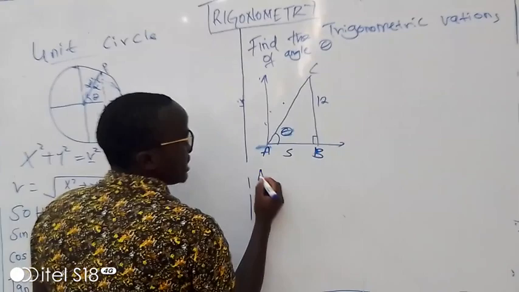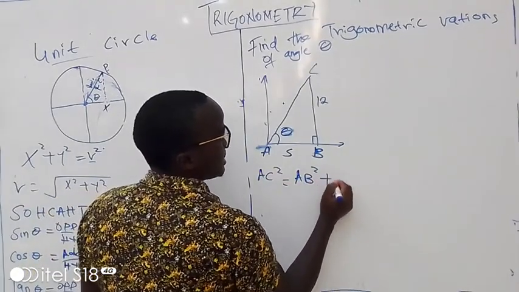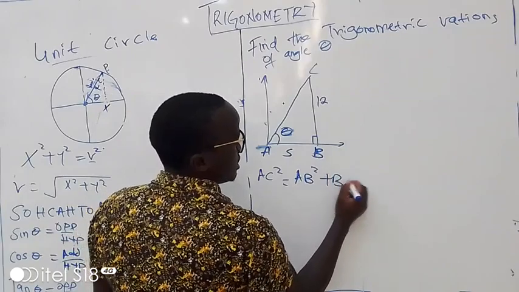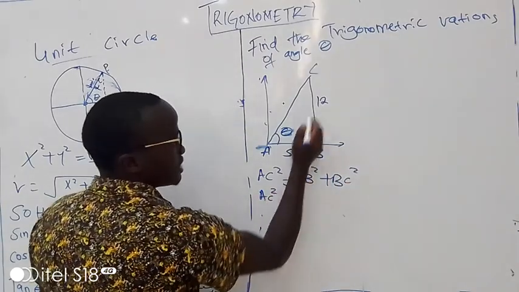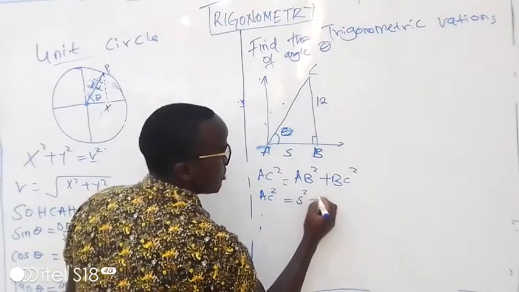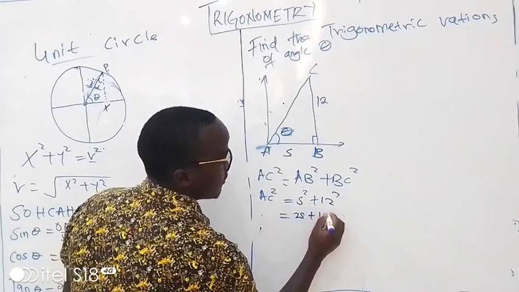Now, AC squared is AB squared plus BC squared. So AC squared is equal to 5 squared plus 12 squared, which is 25 plus 144.